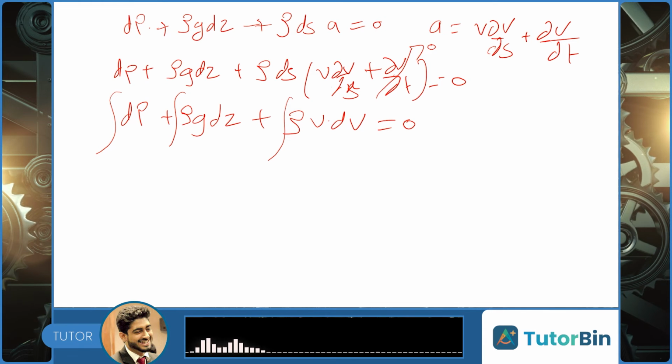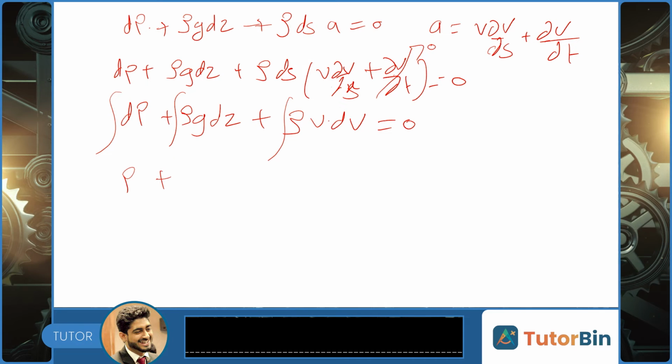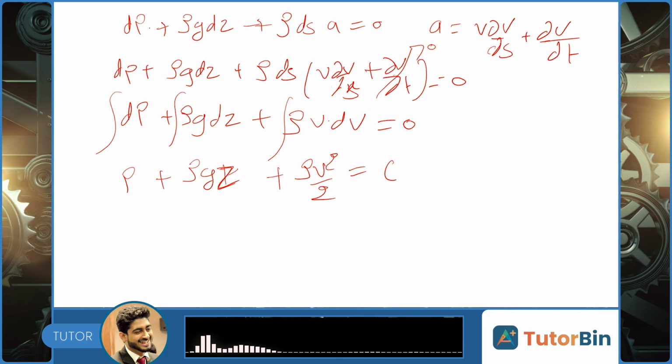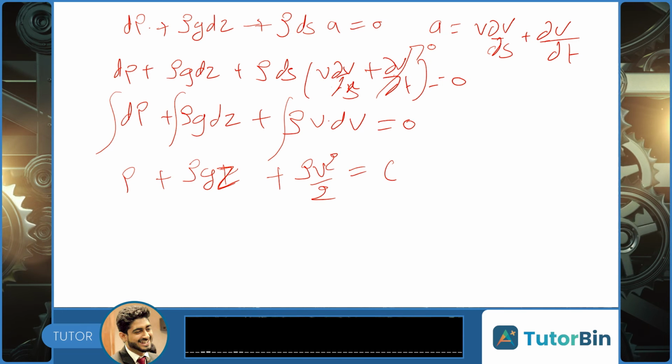So integration of dP will be pressure P, integration of rho g dz will become rho g z, or rho g h, and integration of rho v dv will become rho v square by 2, as rho is constant. And this will become 0 because differentiation of any constant will be 0. So if we integrate these terms, it will be a constant value.